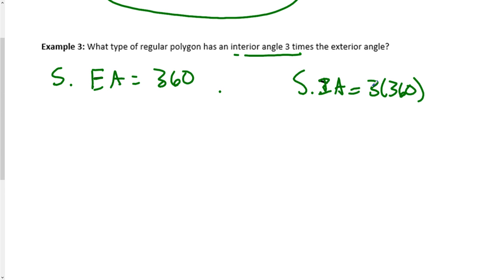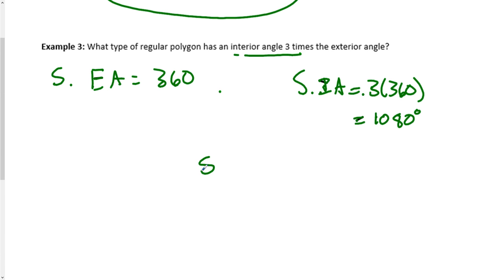So if I work that out, I go 3 times 360. That's going to equal 1080. All right. So I know my interior angles now add up to 1080.